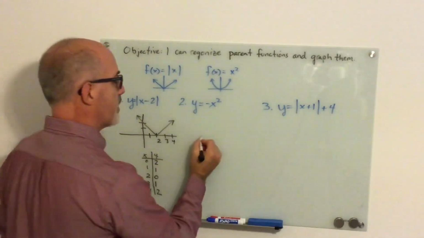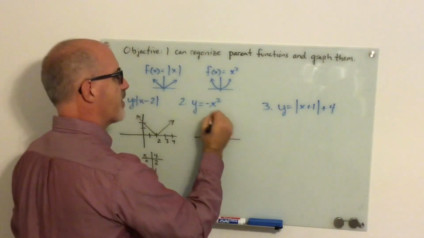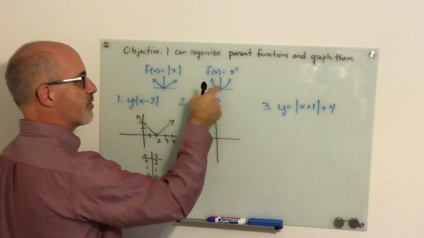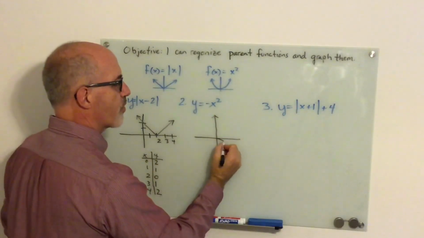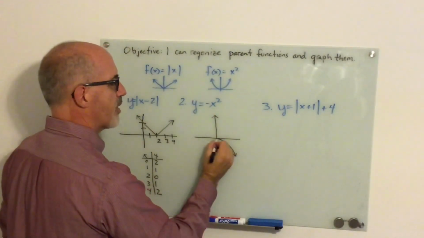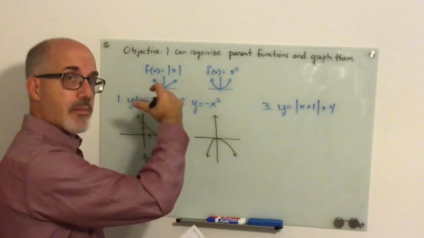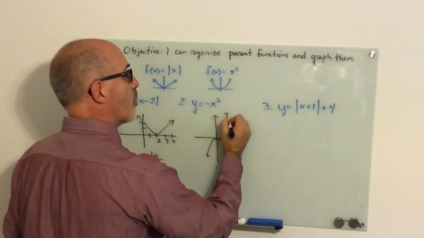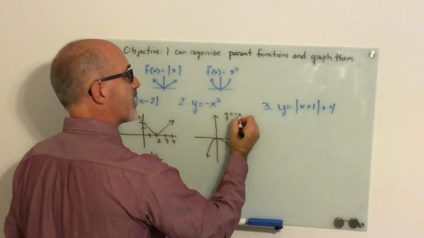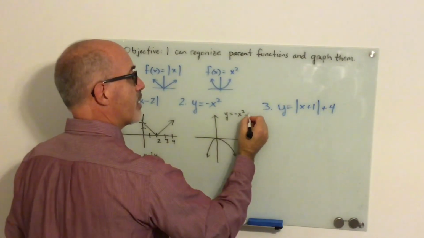Now this one we did already on the other one, but I want to just emphasize it. If you've got this negative on the outside of the absolute value, you take this one and turn it over, and it just goes upside down. It goes through the same points as it would up, but just the negatives. Now what if I made this instead y equals the opposite of x squared, and then I'm going to subtract 3 from it.